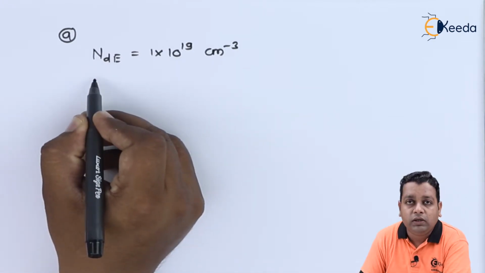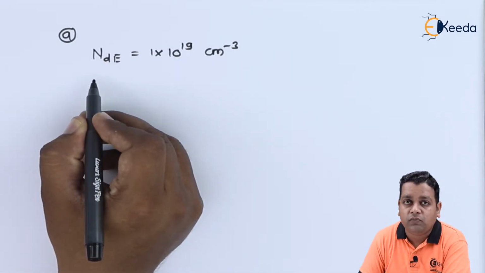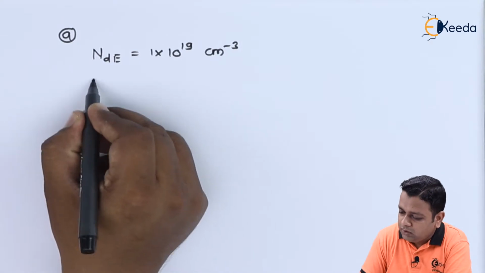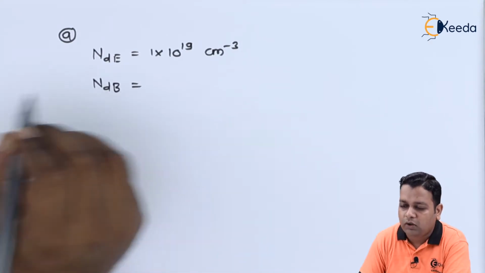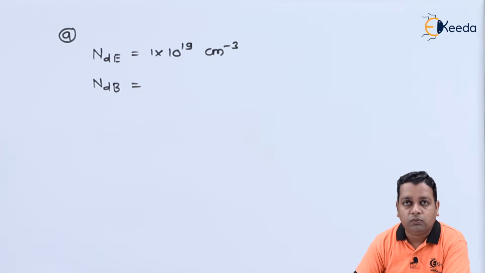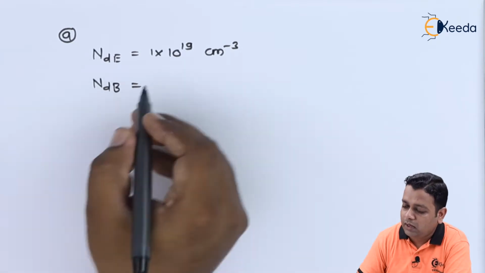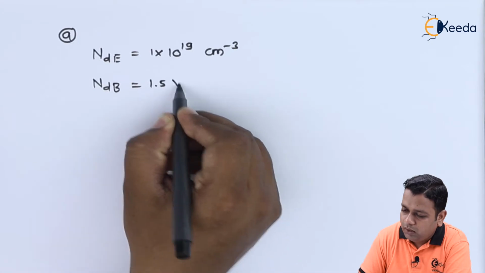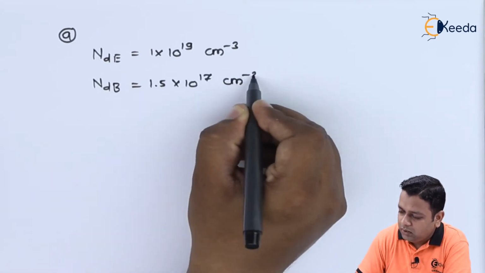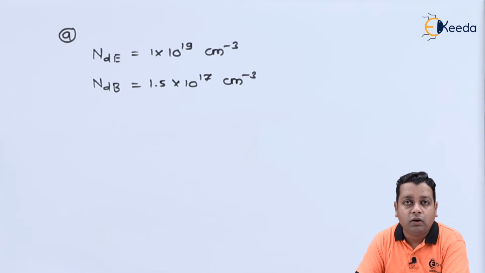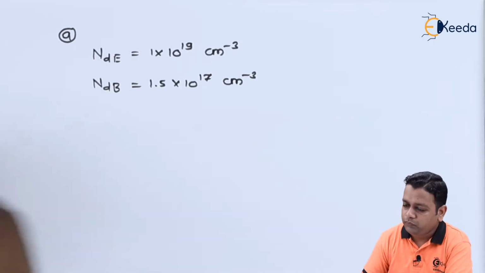Next, we require the impurity density with respect to the base, which can be denoted as N suffix D, capital B for the base. From the graph we get the value 1.5 into 10 raised to power 17 per centimeter cube. This is for the P type material of the base.